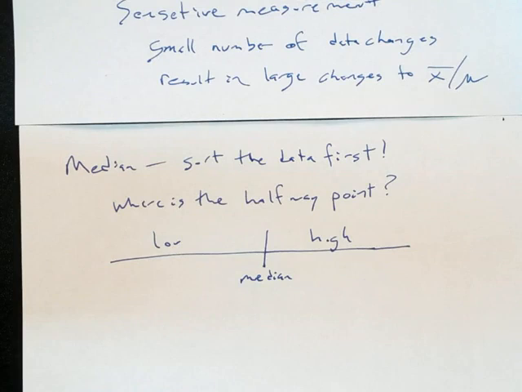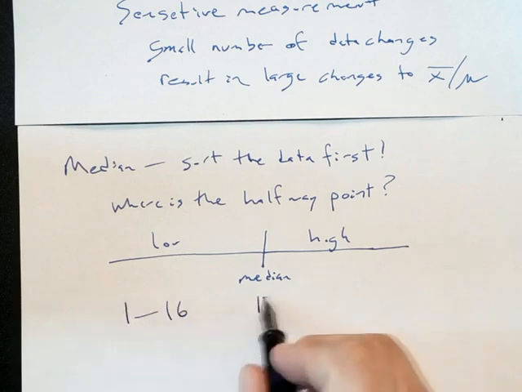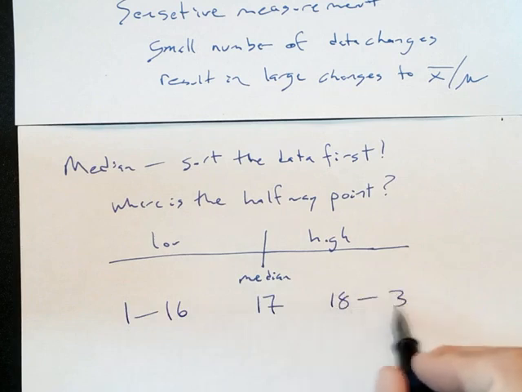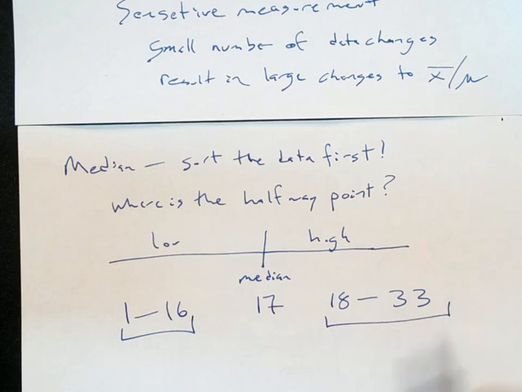The number in the middle, the 17th number in my list. There are 16 of them here. There are 16 of them here. This is your median.